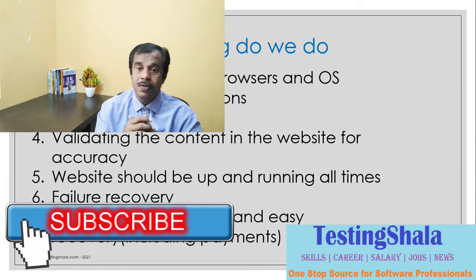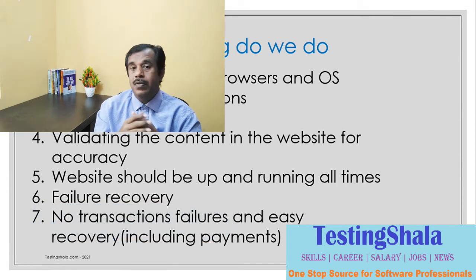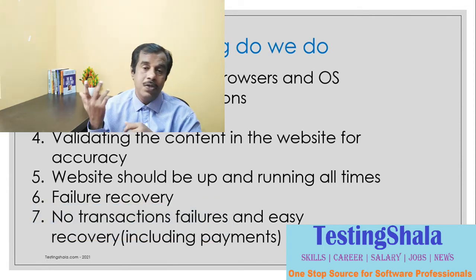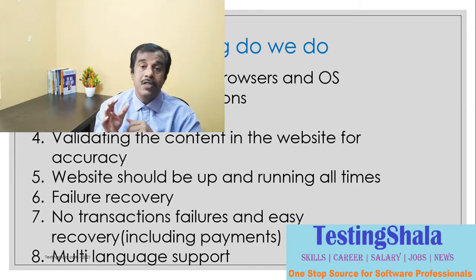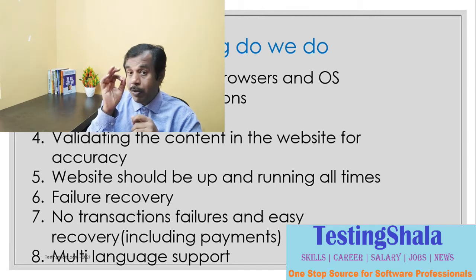By buying good things, and why should they come to your website, they can go to another website which is doing well. Hence, the seventh type of testing is also very crucial to ensure that even if failures happen, it should be easily recoverable.